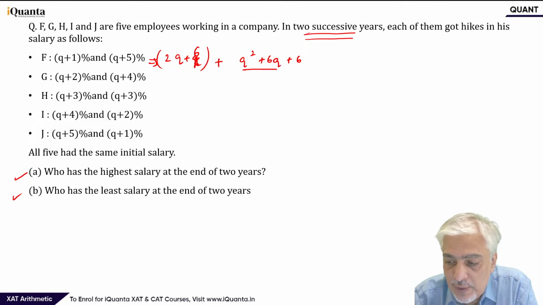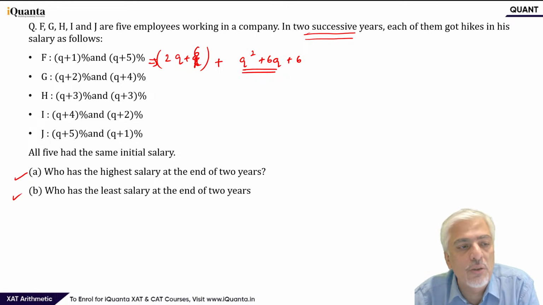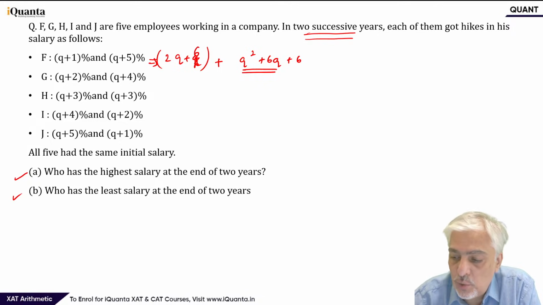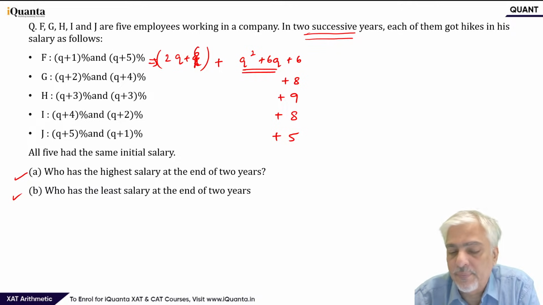So even this part will come the same for all the 5 employees. So what is the only thing which is going to change? Only this number is going to change. Here it will be plus 8, here it will be plus 9, here also it will be plus 8, and here it will be plus 5.